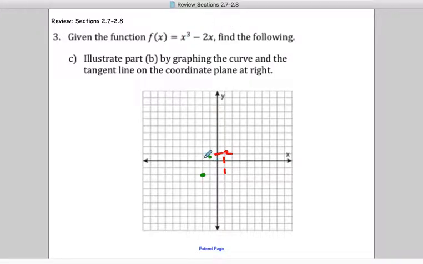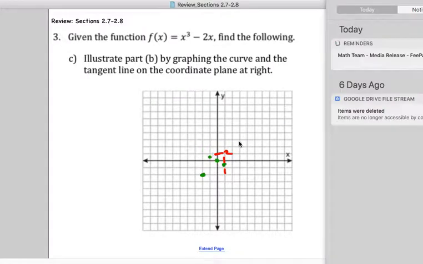Then if I plug in 0, I'll get out 0. If I plug in 1, I'll get out negative 1. You could use your calculator, but you can also just go ahead. If I plug in 2, we'd have 8 minus 4, so I get out 4.